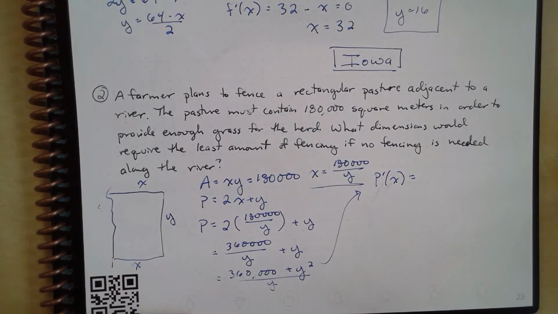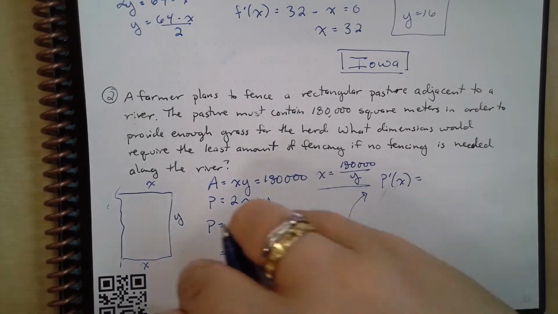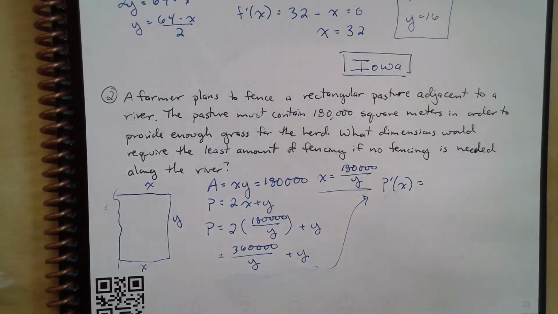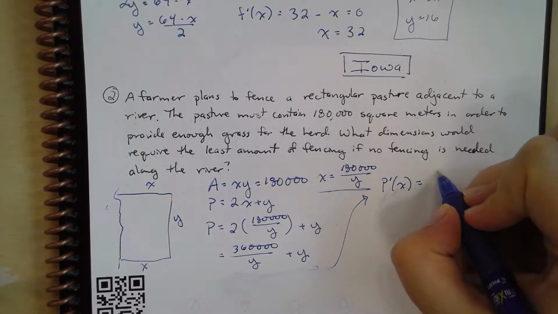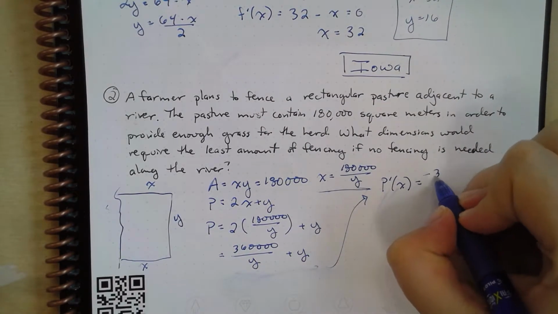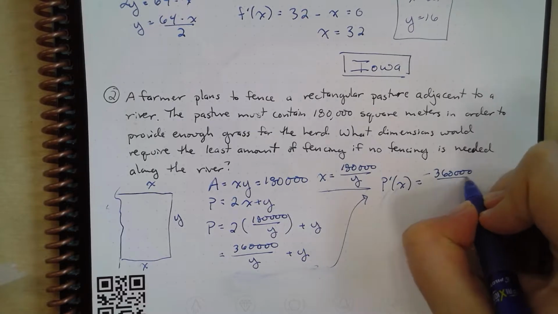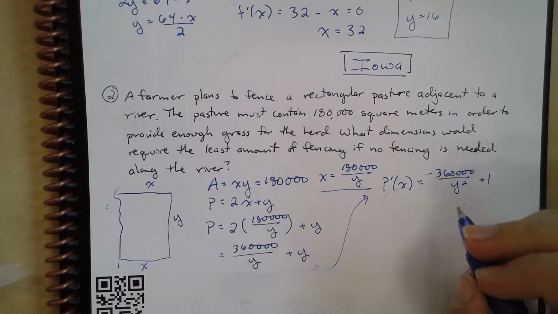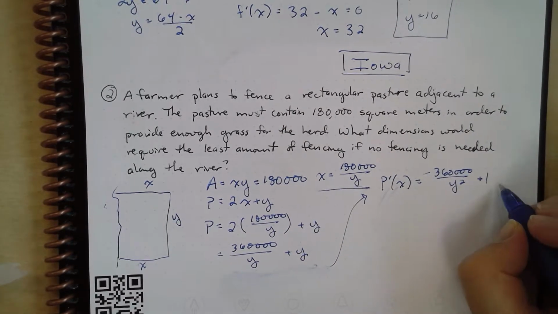I don't need this right here. So p prime of x is equal to negative 360,000 over y squared plus 1. I think that's correct.